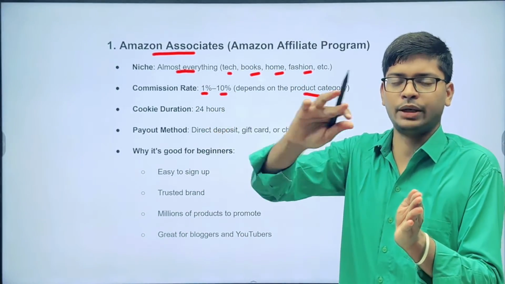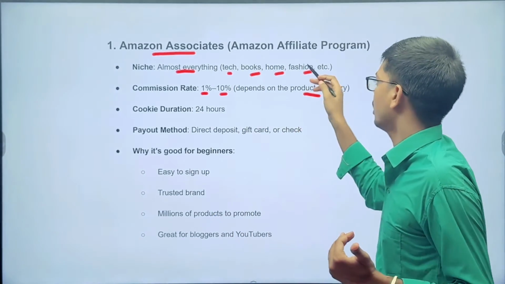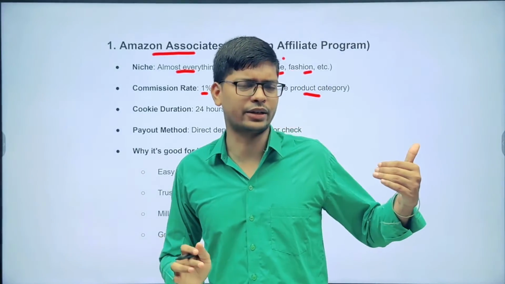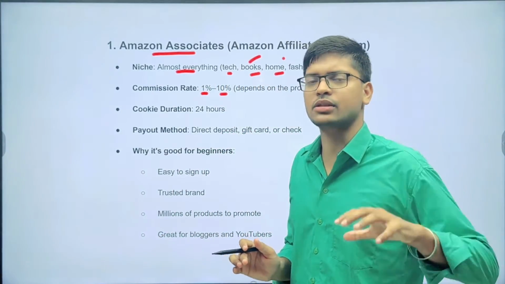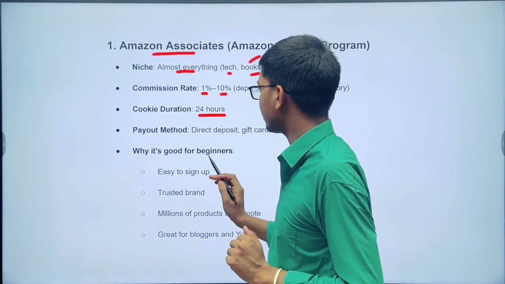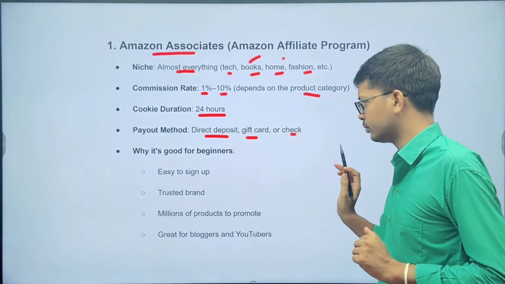But if you choose something like home, tech or books, you will get less commission. The cookie duration is 24 hours. Payout methods are direct deposit, gift card or check.